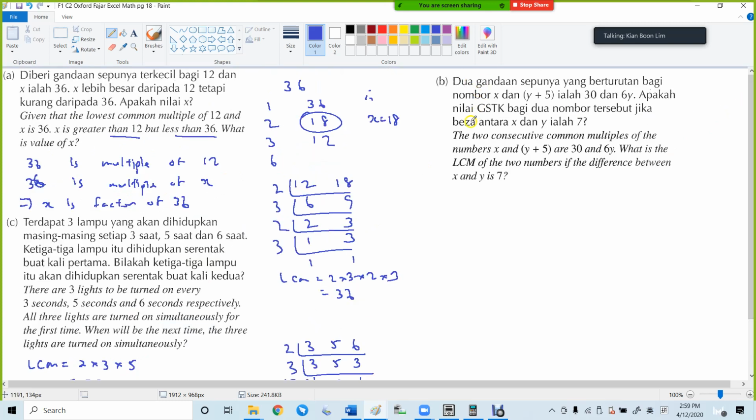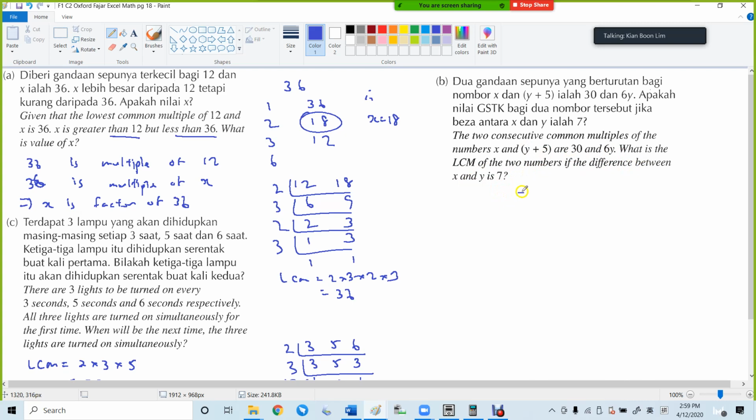Okay. The two consecutive common multiples of the numbers x plus 3 and y plus 5 are 30 and 60. What is the LCM of the two numbers if the difference between x and y is 7?